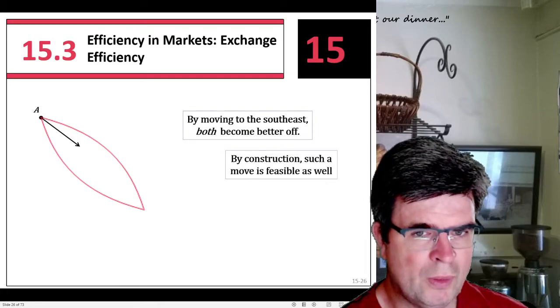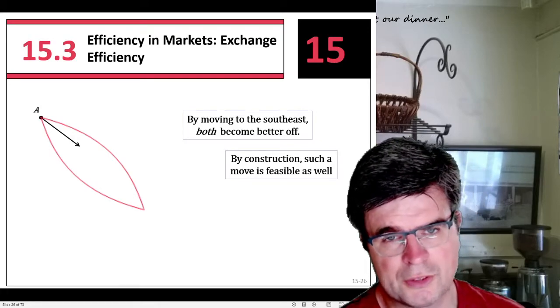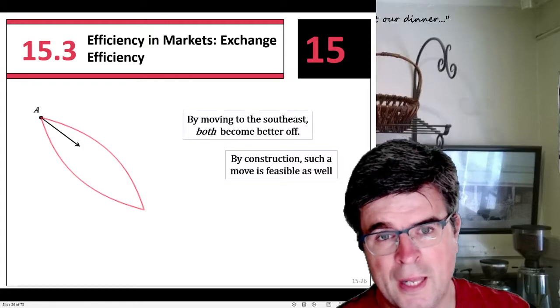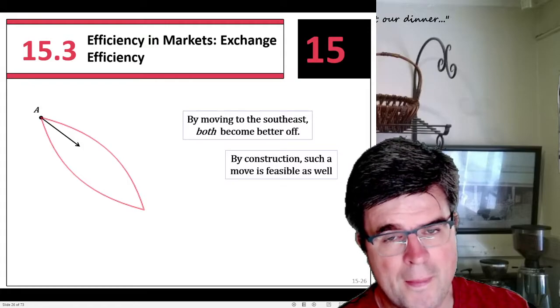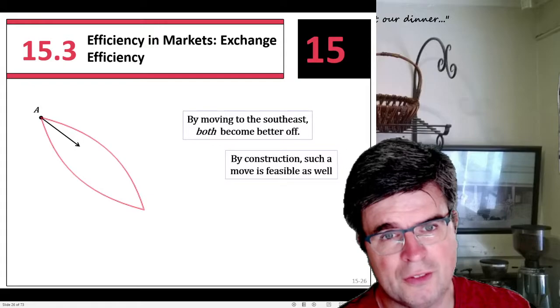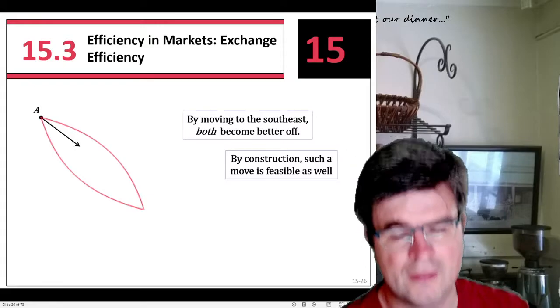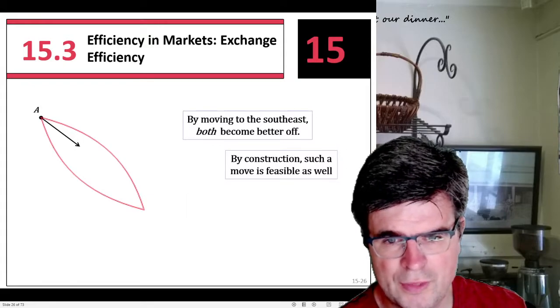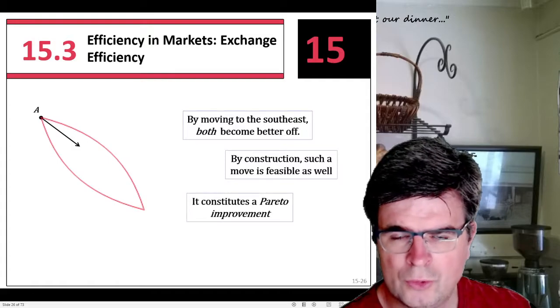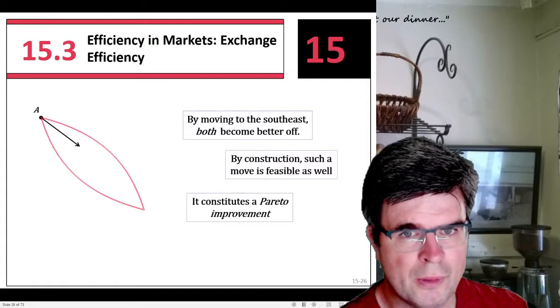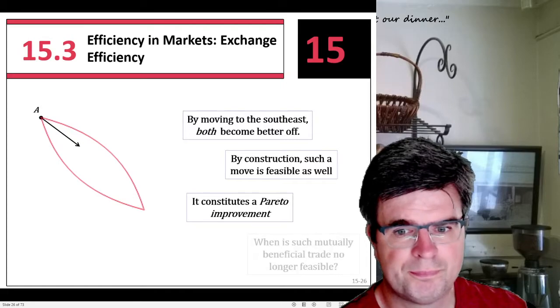And it is feasible as well because the Edgeworth box gives all allocations of apples and bananas. Bob and Alice have these bananas, so they can freely trade among the two of them. So all such moves would constitute a Pareto improvement.